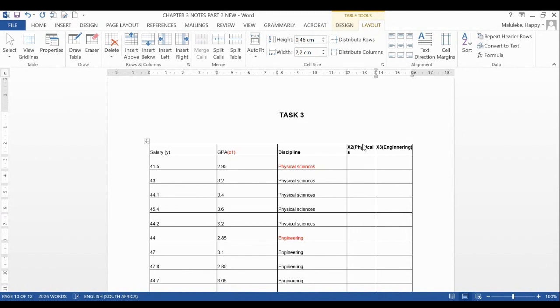So let's go. Give me the information now. What am I supposed to write under the first row, under physics? What am I supposed to write there?